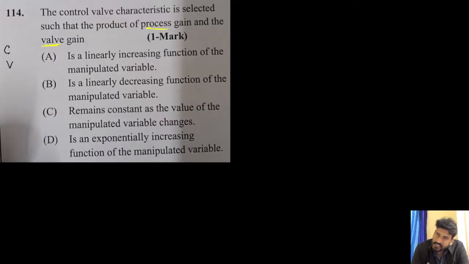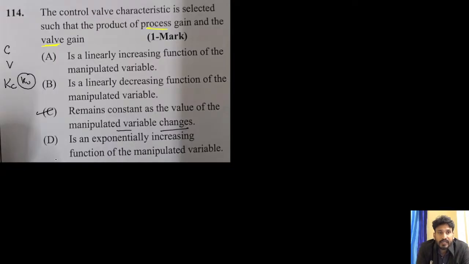Yes or no? मान लीजिए कि कोई भी फ्लक्चुएशंस आती हैं, उस फ्लक्चुएशंस के साथ में अगर मेरे पास आउटपुट में भी फ्लक्चुएशंस आ रही हैं, that will be my bad thing for me. So the product must remain constant as the value of manipulated variable changes, right? So this is the controller gain and this is the valve gain. If there is any fluctuation coming into the system, control will take action.